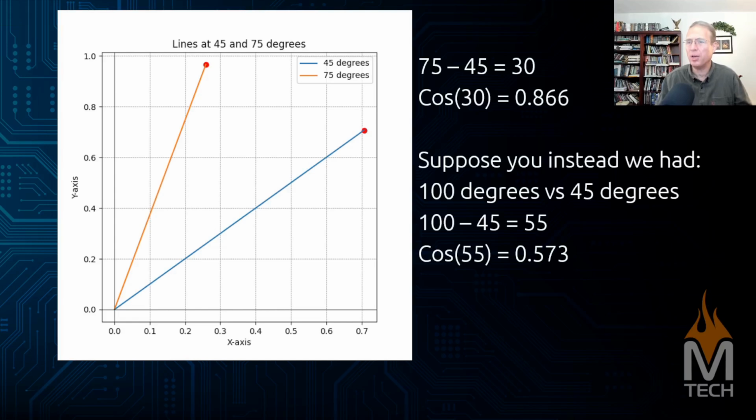So what you want to do here is think of these as being like percentages, a percent of similarity. In this case, we might think of the 30-degree angle difference as an 87% similarity, and the 55-degree angle difference as a 57% similarity.